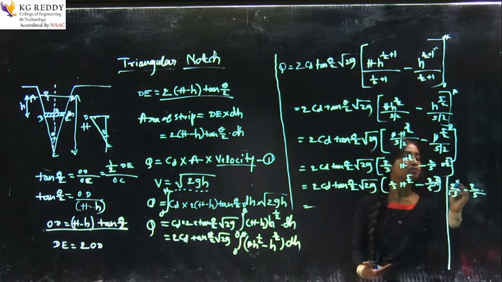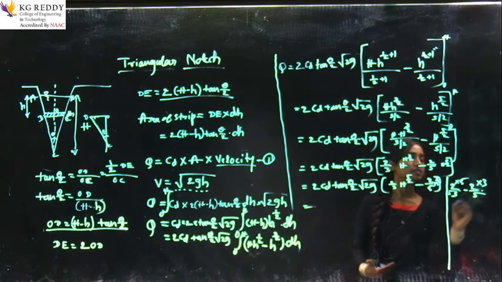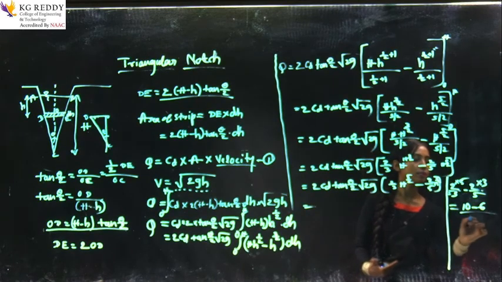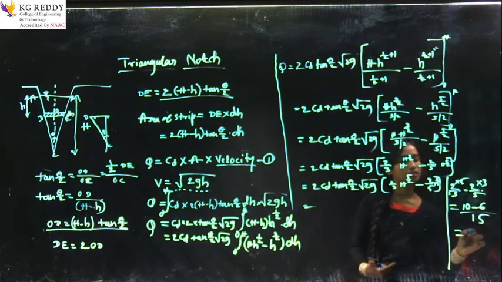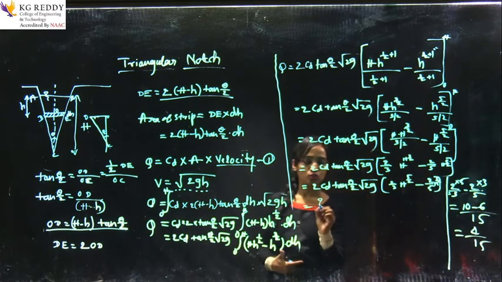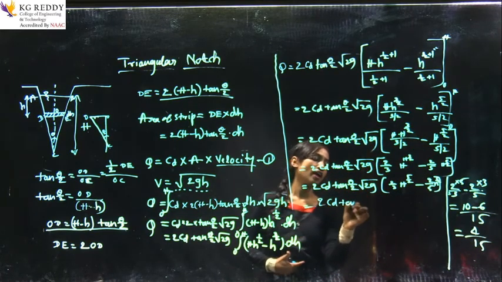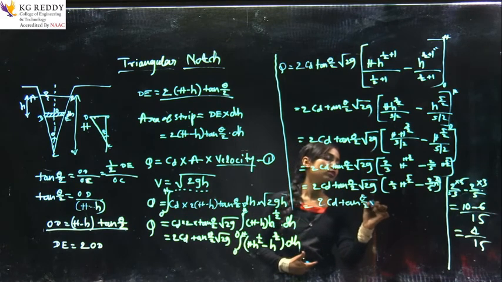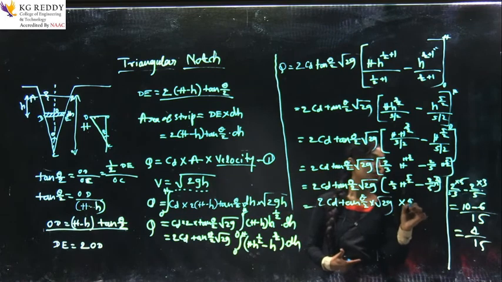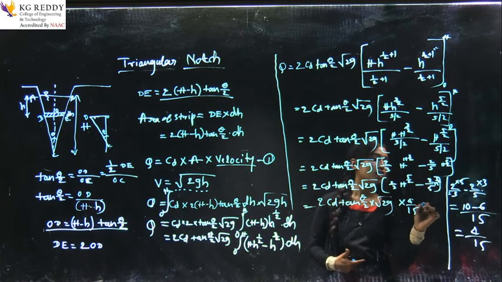Take the LCM, 15: 10 minus 6 divided by 15. This is 4 by 15. So, 2CD tan theta by 2 into square root of 2g, and this is 4 by 15 into H raised to 5 by 2.